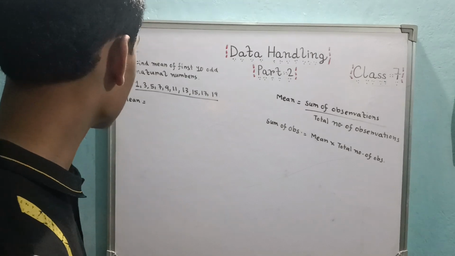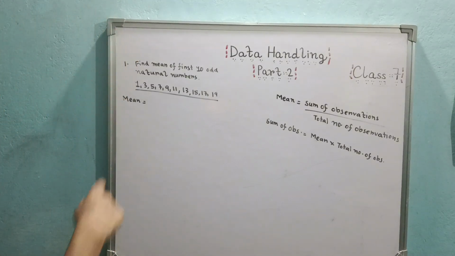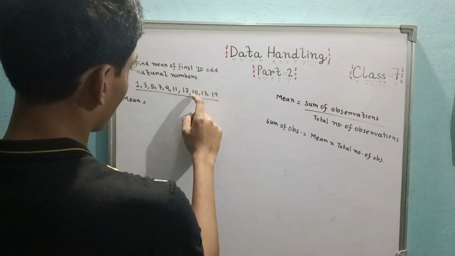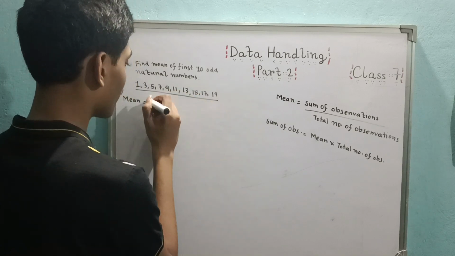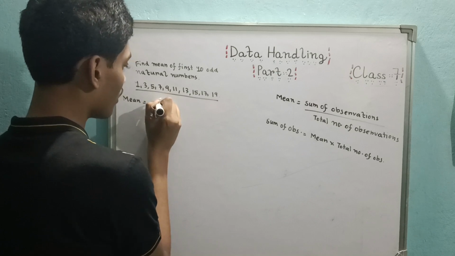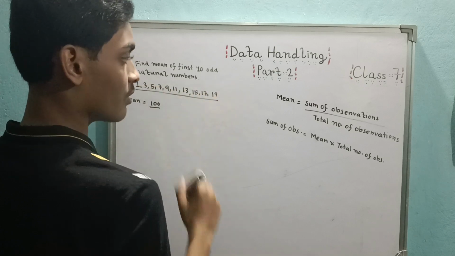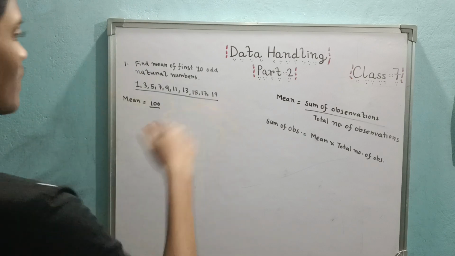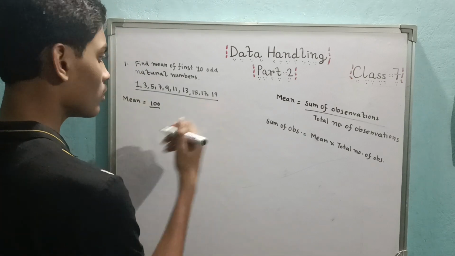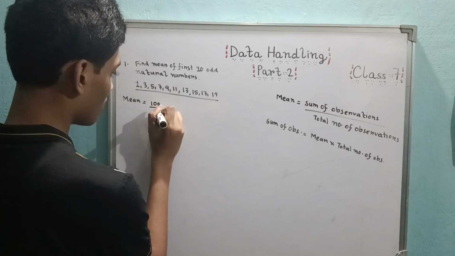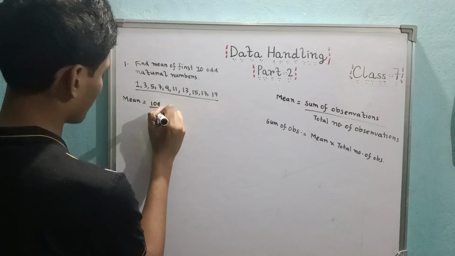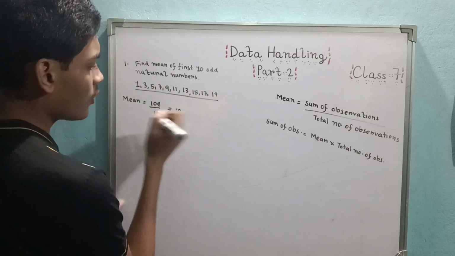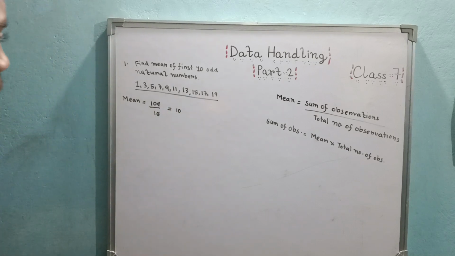So the sum is 100. Sum of all the observations divided by the total number of observations. How many numbers are there? 10. So the number of observations is 10. Cancellation, you will get 10. Yeah, that's the answer.